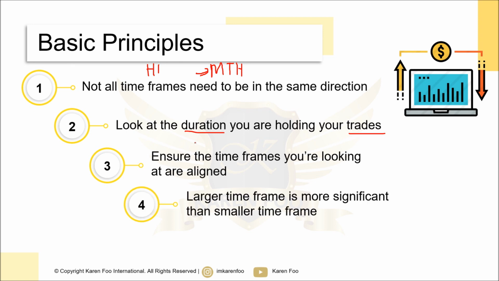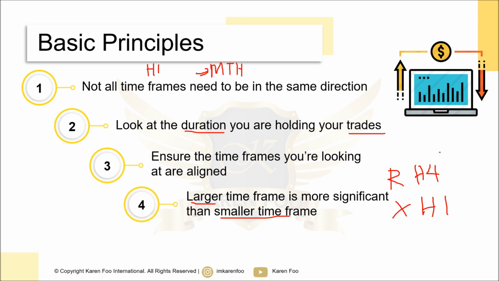Now the large time frame is more significant than the small time frame. Which means that if you see a signal in the larger time frame, let's say resistance, you see a resistance in the higher time frame, for example H4, but you don't see any resistance in the H1 time frame, should you ignore the resistance in the H4?